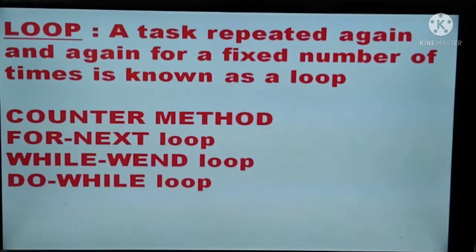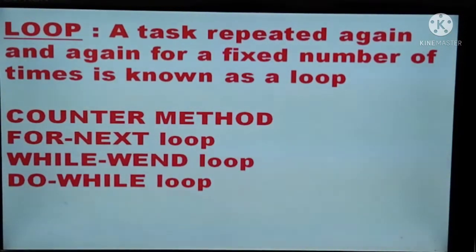What is a loop? A task repeated again and again for a fixed number of times is known as a loop. In a program, sometimes you require a repetition of tasks.